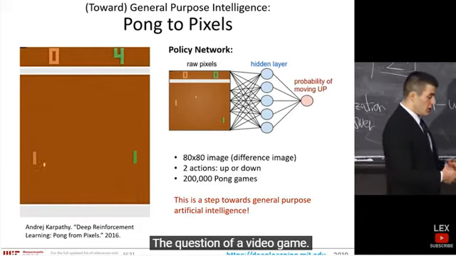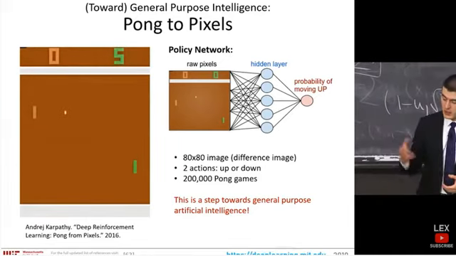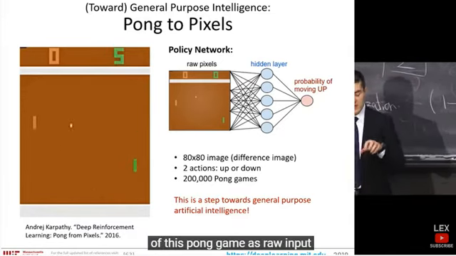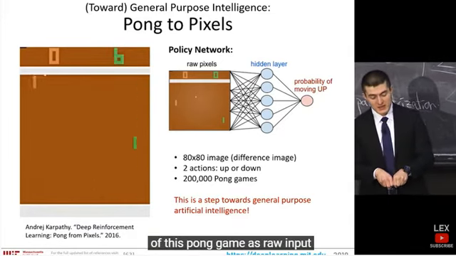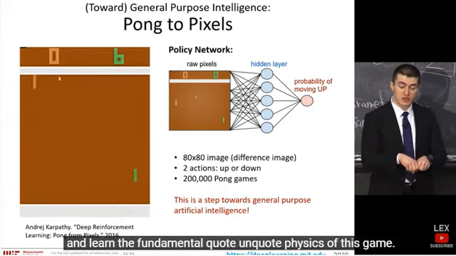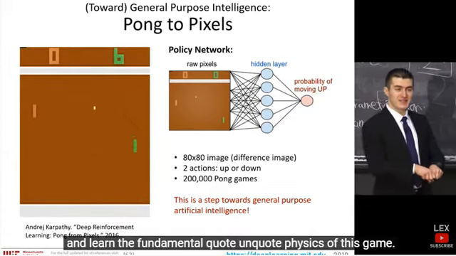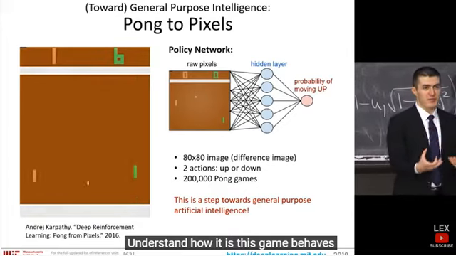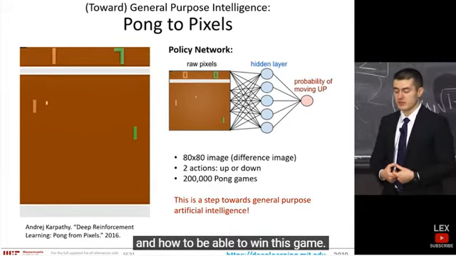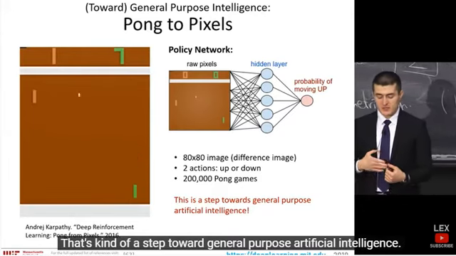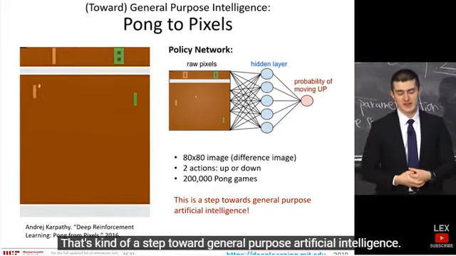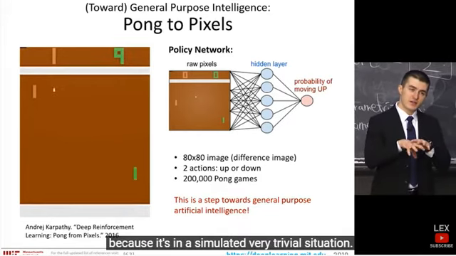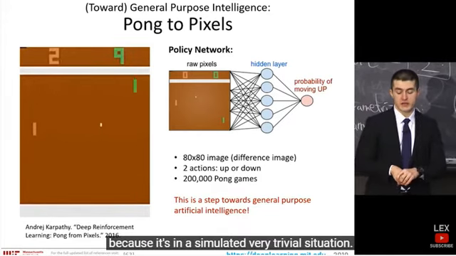The question of a video game: here, Pong to Pixels, being able to perceive the raw pixels of this Pong game as raw input and learn the fundamental, quote-unquote, physics of this game, understand how this game behaves and how to win it. That's kind of a step toward general purpose artificial intelligence. But it is a very small step because it's in a simulated, very trivial situation.